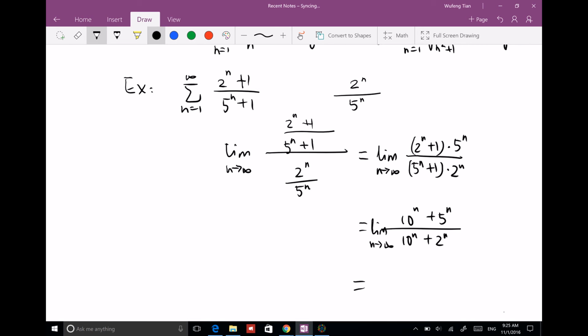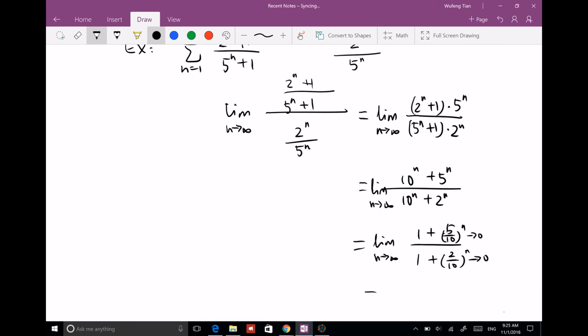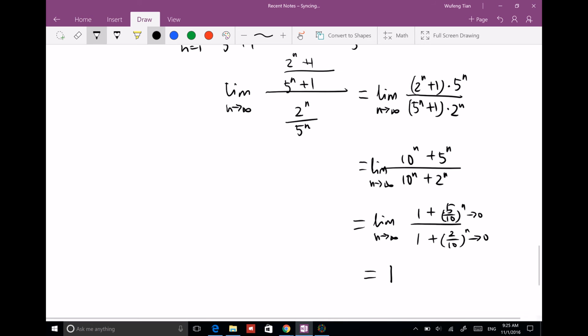You can divide everything by 10 to the power n. So the limit as n goes to infinity of 1 plus 5 over 10 to the power n, over 1 plus 2 over 10 to the power n. The 5 over 10 to the n goes to 0 because n goes to infinity, and the 2 over 10 to the n also goes to 0. So it equals 1. Alright.